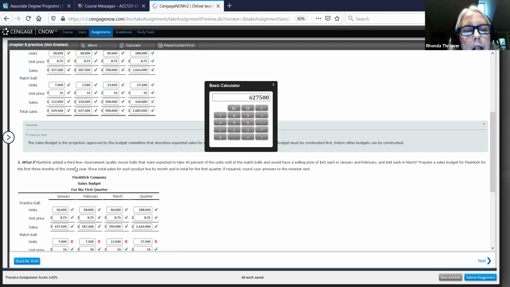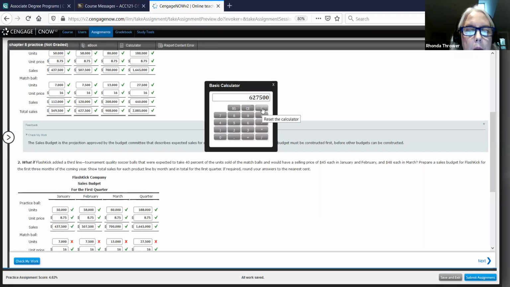Let's read the directions. It says Flash Kick added a third line for tournament quality soccer balls that were expected to take 40% of the units sold of the match balls. So since that took 40% of that, that's not going to be 7,000 units.